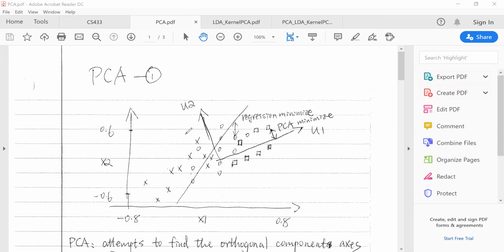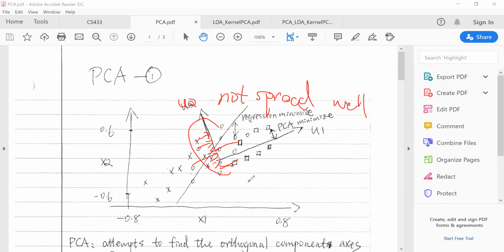But if you pick the other one, U2, and you do the projection, like the square data and the circle data and the star data, you will find they are not spread well.